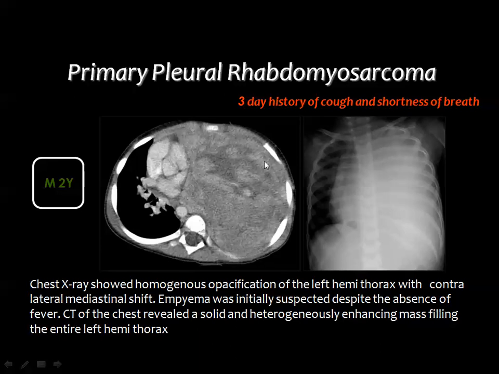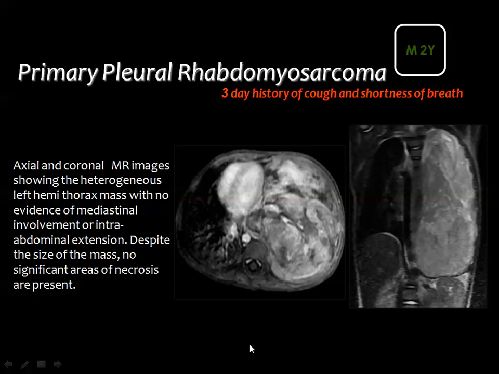The mass does not contain calcium, and this is not a big issue for the diagnosis of neuroblastoma. You should think that this lesion may represent a neuroblastoma. Then you go by biopsy, and this was proved to be a pleural rhabdomyosarcoma.